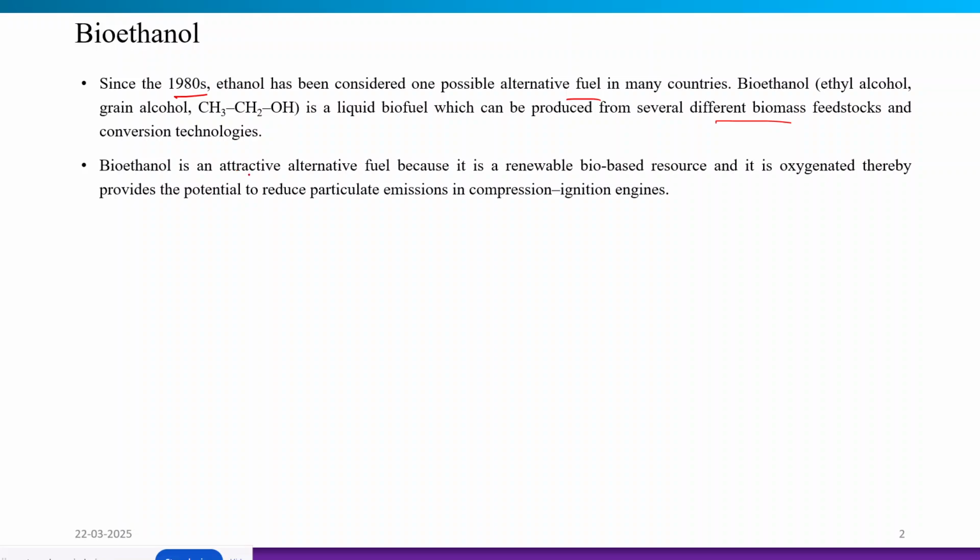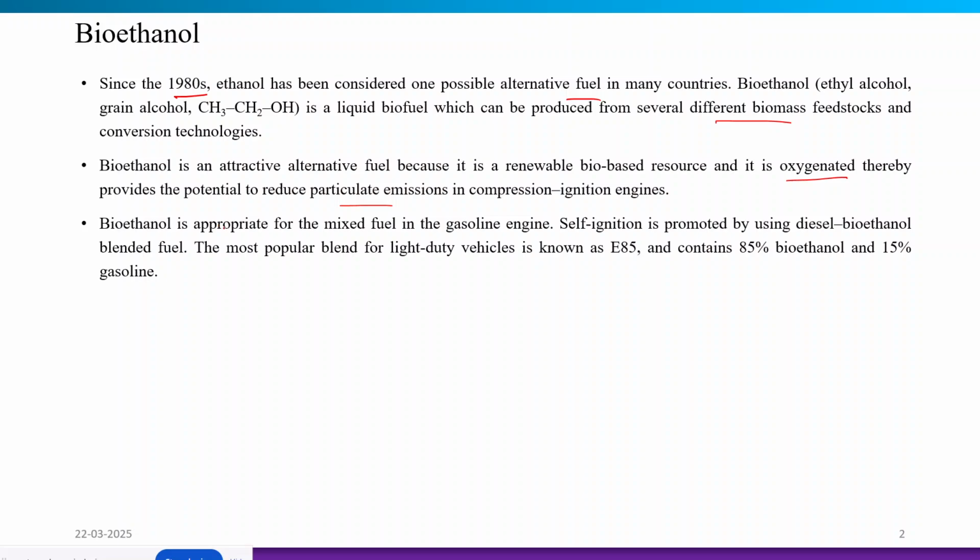So bioethanol is an attractive alternative fuel because it is a renewable, bio-based resource, and as it is oxygenated, it has a lot of potential to reduce particulate emissions in the compression ignition engine, IC engine.